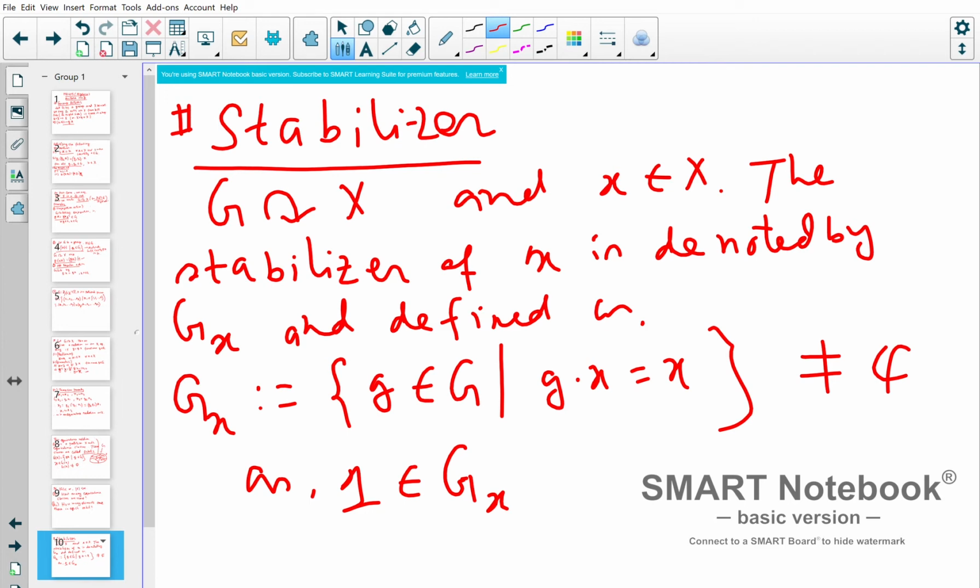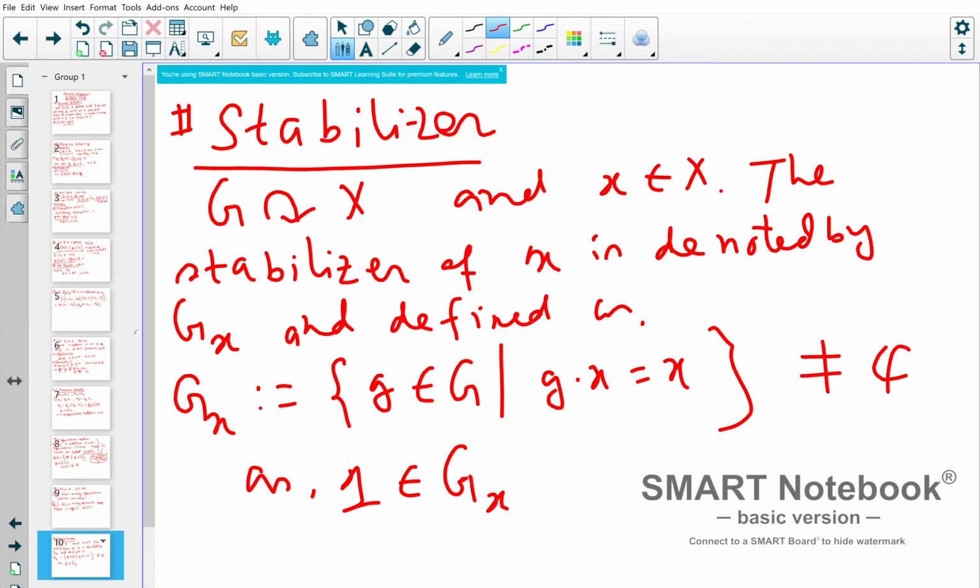So what does that mean? I am asking how many such elements are there. Let me answer some of these questions, and then we will check whether the number of elements in the orbit is known to us or not.